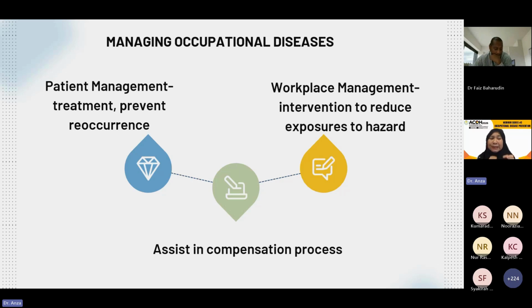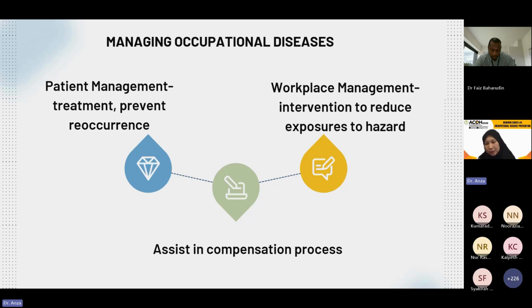But first of all, it's about the patient, the human. Why is it important? Because we need to address the current issues. For example, with occupational asthma, we need to address the clinical symptoms first, and then advise how to refer if needed, because we want to prevent the reoccurrence of the illness.